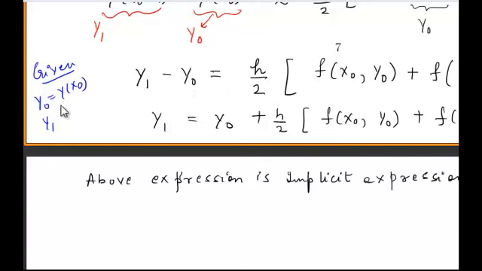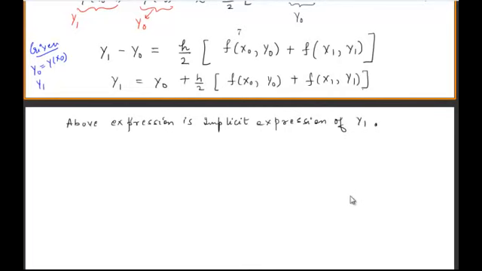Because in Euler's method, from y0 we approach towards y1. But in this method, we are using the value of the slope at two points. So basically we are using two slopes to get the y1 approximation, which is like averaging two slopes compared with Euler's method. So geometrically, this is getting much closer to the curve by averaging the two slopes.